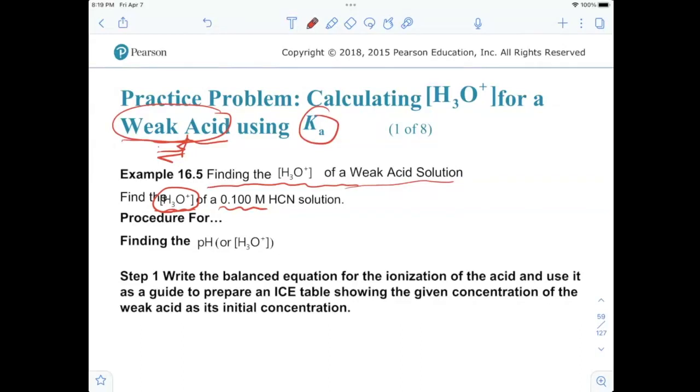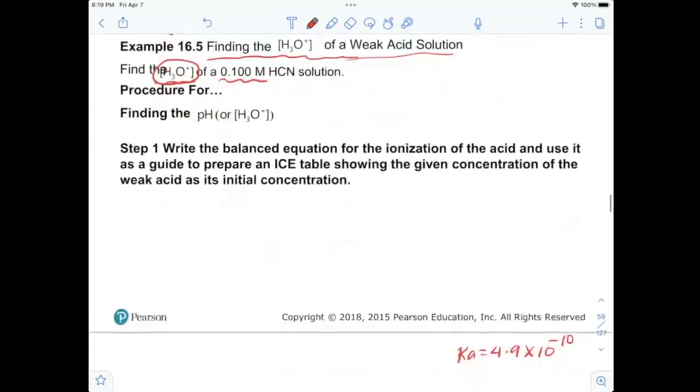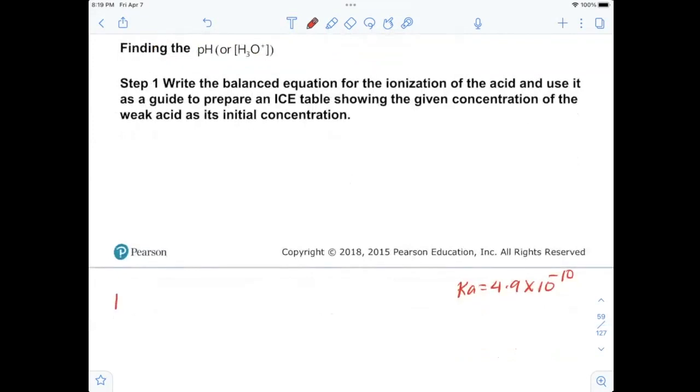Weak acid formula is given to you, you write your equilibrium, but you also need your equilibrium to go with your Ka. So my weak acid given to me here is HCN. And of course, they have to give you the concentration, right? 0.1 molar. So I'm going to have HCN. That's my weak acid. You write your equation. The weak acid is added to water. It's always added to the water in this section here.